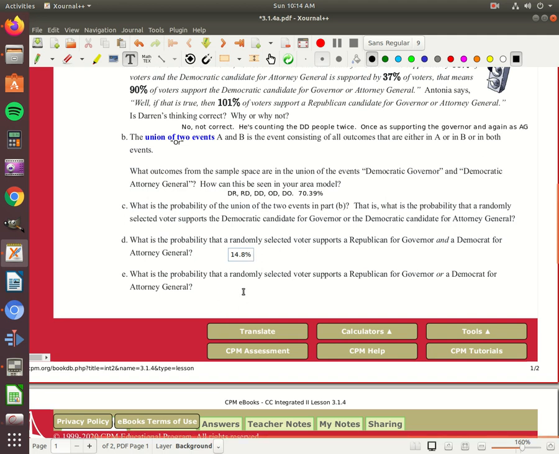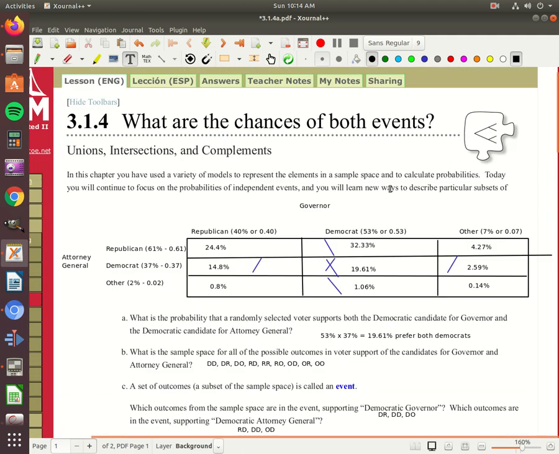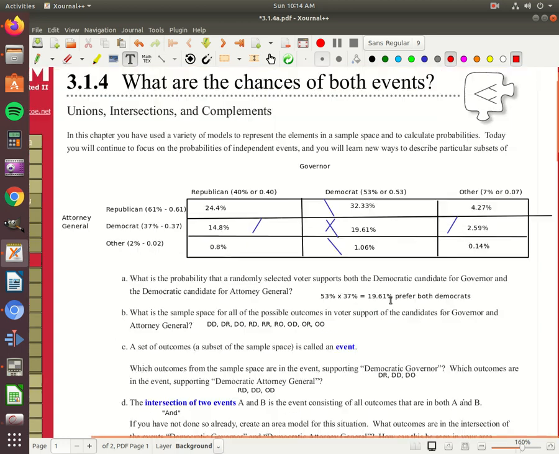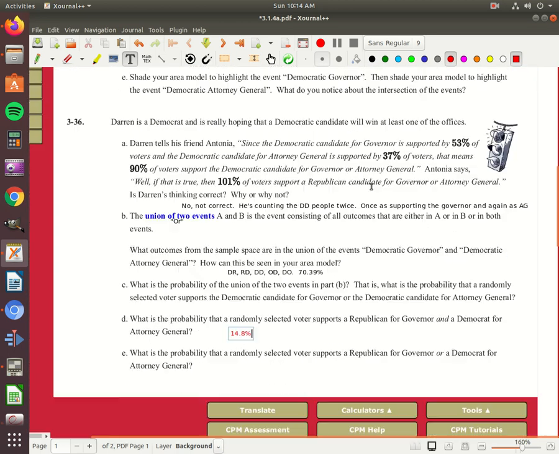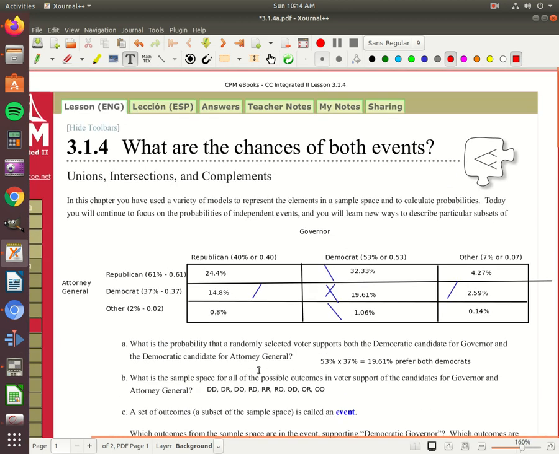What probability supports the Republican for governor or a Democrat attorney general? So now all of a sudden I'm going to change these colors, right? So you have to have a voter selected who supports the Republican for governor or a Democrat for attorney general. All right, so the Republican for governor or the Democrat attorney general, right?